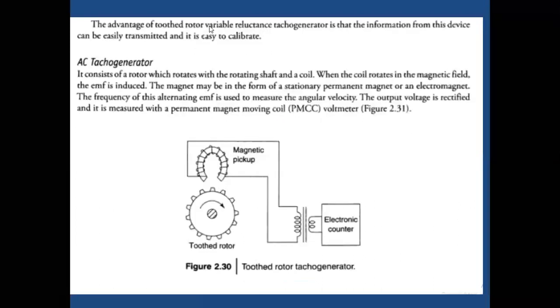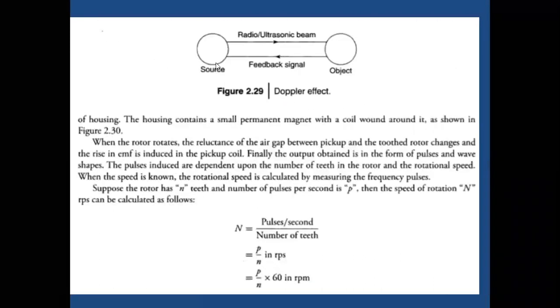In the Doppler effect from the previous concept, this is the source and this is the output. The source produces ultrasonic beams, which are sent over the object. After striking the object, the ultrasonic waves get reflected to the source.